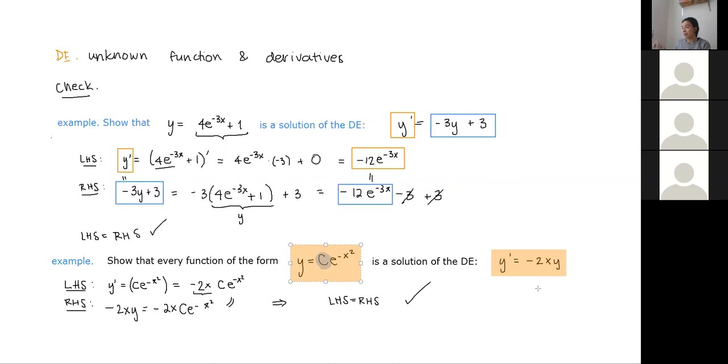So what I can start by saying is, okay, well, I don't know exactly what the function is, but I know that it will look like this.